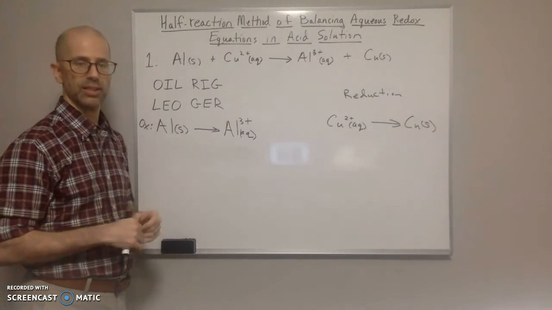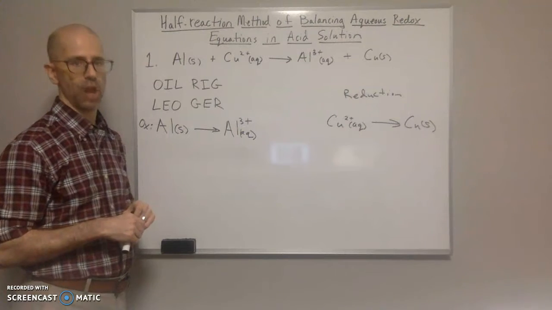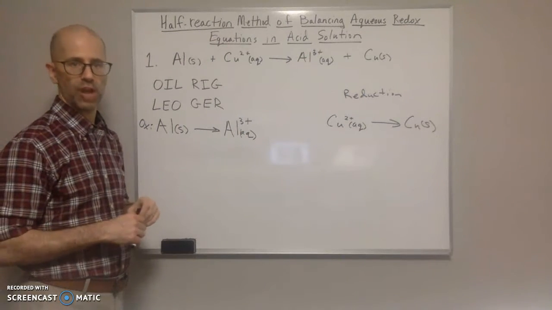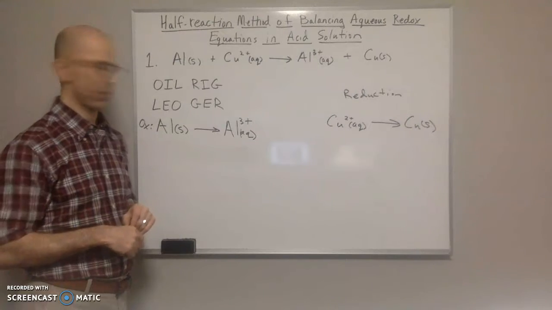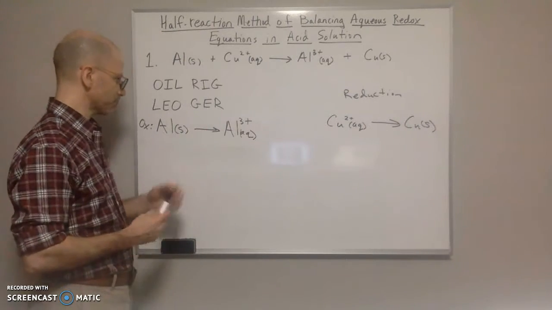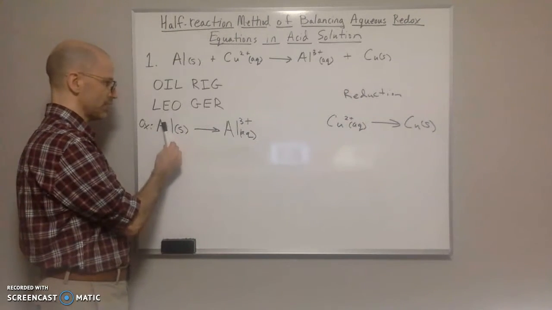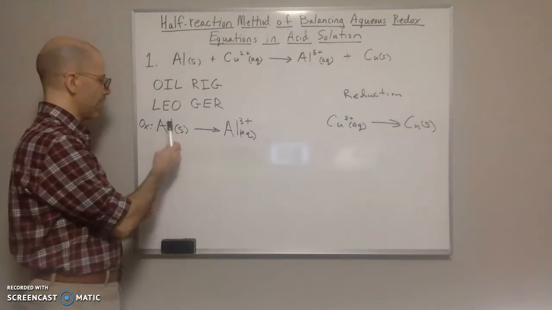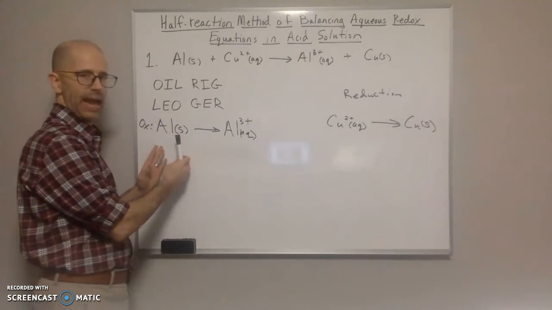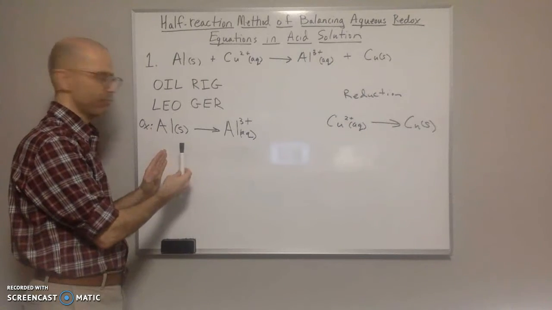Once that is balanced, the next thing you need to balance is the charge. And the way you balance the charge is by adding electrons to the appropriate side of your equation. So for example, I have 0 charge on this side, but I have a +3 on this side. So in order to balance this out, I need to add electrons, but electrons are negative.